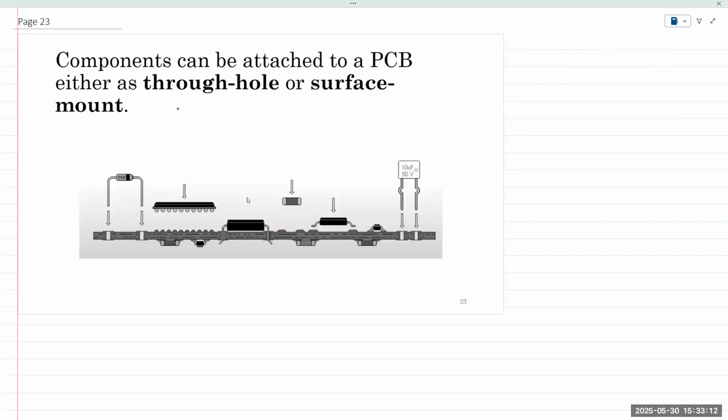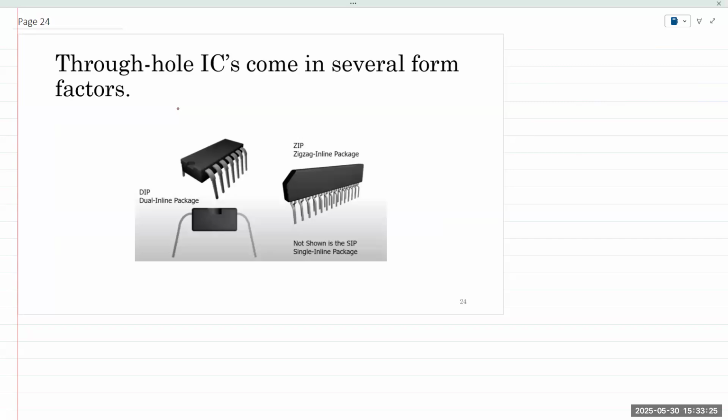Solder mask, electrical testing, PCB assembly. PCB assembly is soldering, which is basically what you've already done. You have through-hole components, you have surface mount devices, SMDs, and there are multiple ways to do it. Through-hole ICs, by the way, what we see here is simply a package.